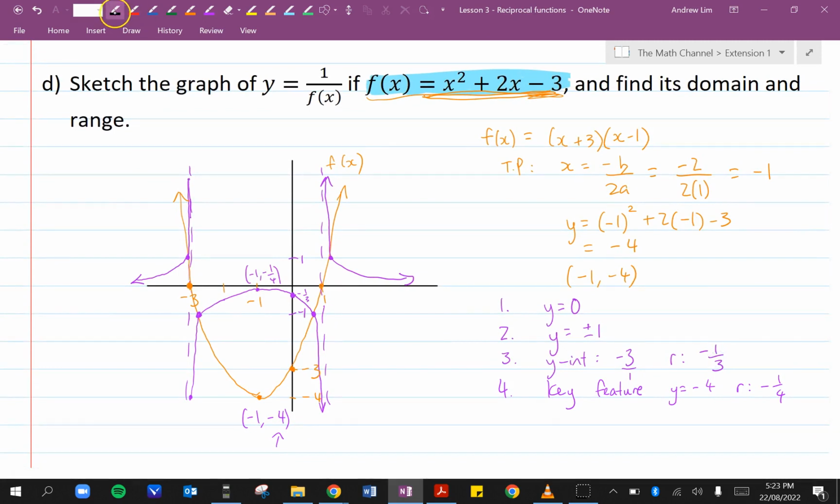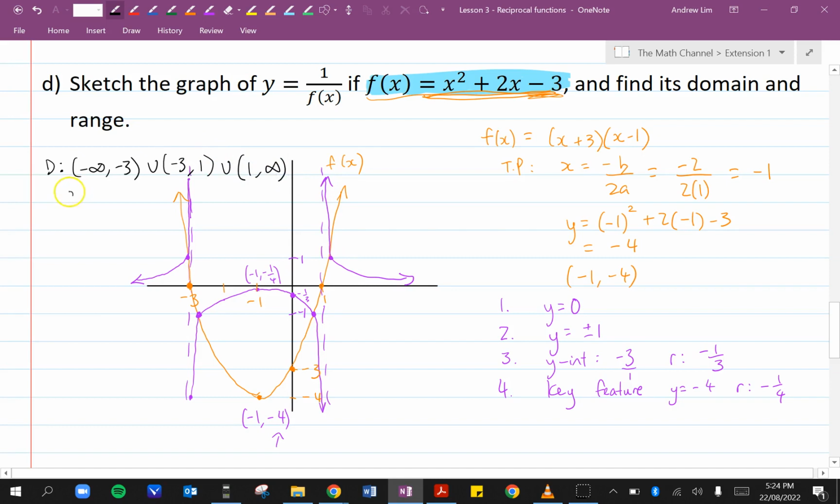So we can see here that the domain, which is all the x values, goes from negative infinity all the way to minus 3. Then there's an asymptote, so it needs to be curved brackets, union, from minus 3 to positive 1, where there's another vertical asymptote, so we're using curved brackets, union from 1 to infinity.